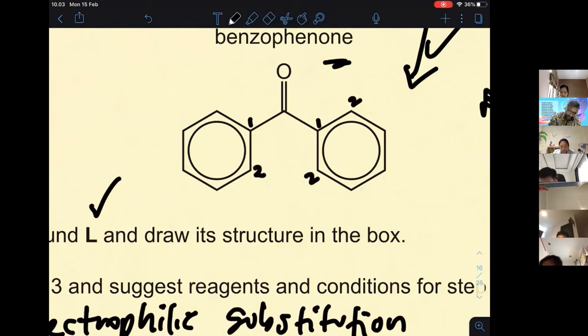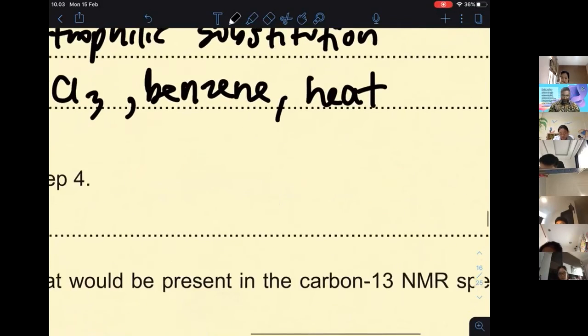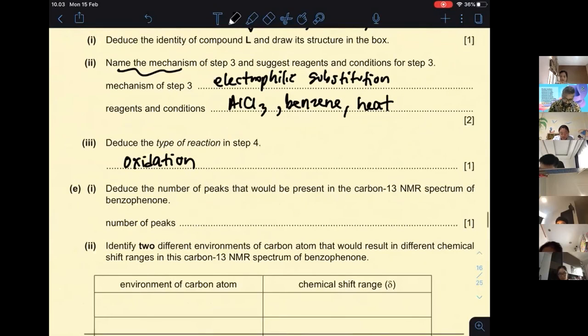This is 2, also symmetrical. This is 3, the same also. And then this is going to be 4, the same as this. And 5 over here. So there are a total of 5 peaks over there.